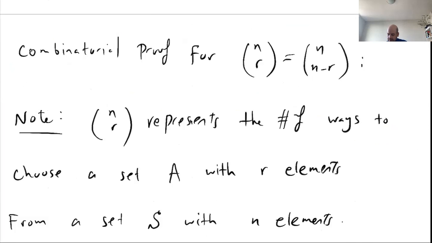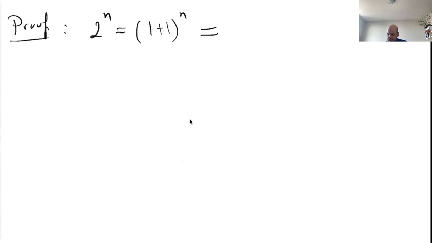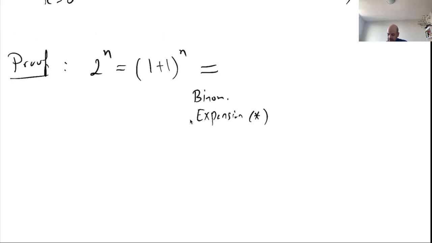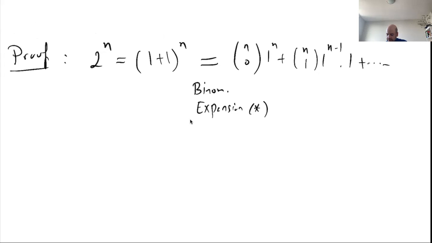Let me call this one star. By star, binomial expansion, I can write this one as n choose 0, 1 to power n plus n choose 1, 1 to power n minus 1 times 1, plus dot dot dot n choose n minus 1, 1 times 1 to power n minus 1, n choose n, 1 to power n.